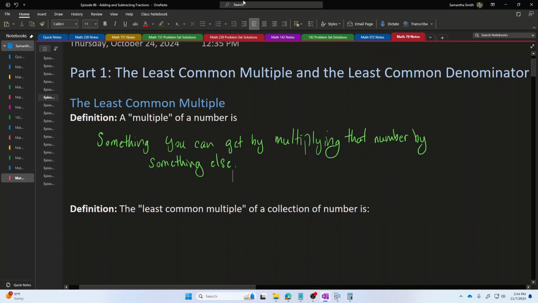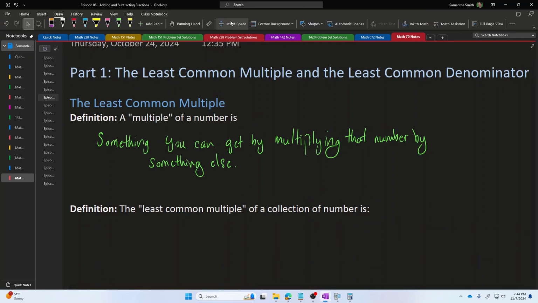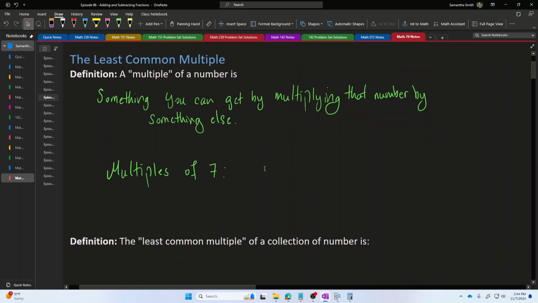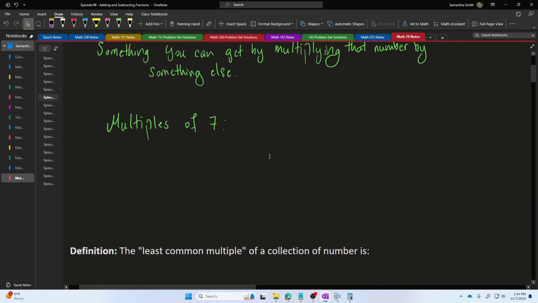So, for example, if someone wanted to list some of the multiples of 7, one multiple of 7 would be the number 7 itself, because 7 is obtainable by taking 7 and multiplying it by the number 1.